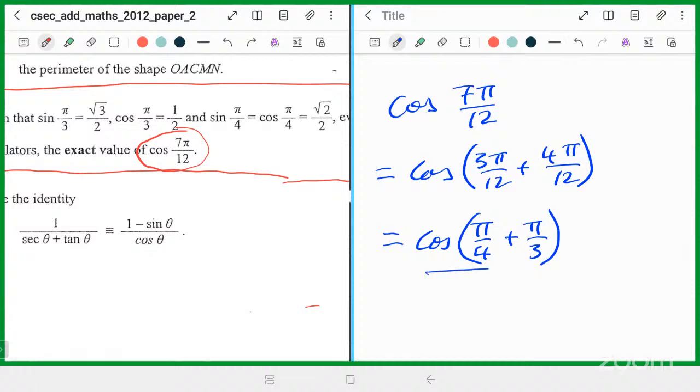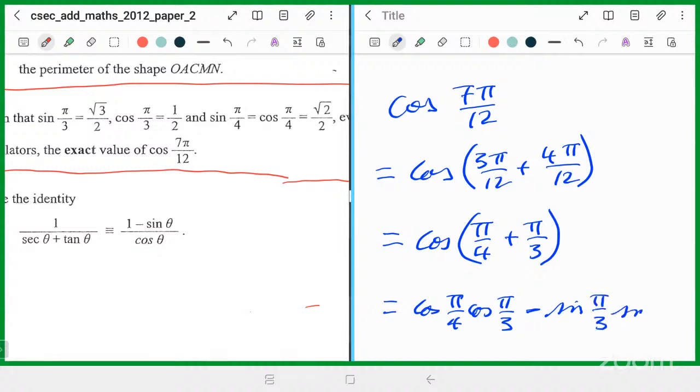And then we need to expand this. The expansion of cos is cos cos, sine sine. So it becomes cos pi by 4 cos pi by 3. That's cos cos; instead of a plus, you need a minus out here. So it's minus sine pi by 4 sine pi by 3.